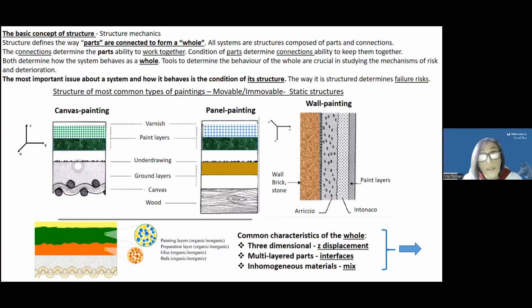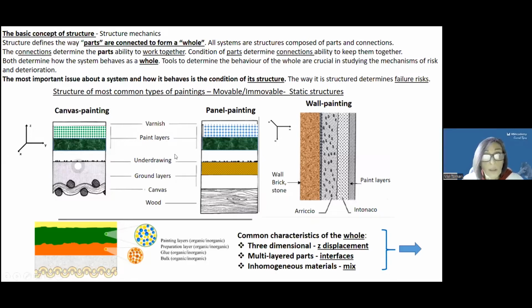In this context, we speak today about structures that are complex composites, like canvas paintings, panel paintings, and wall paintings.